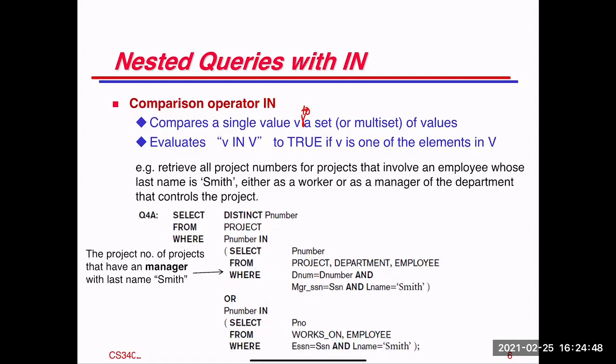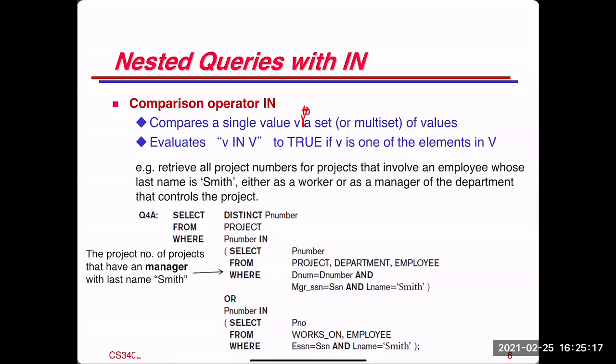Now this was the first nested query. Now we have another nested query down here. Let's see what this does. This shouldn't be too difficult, right? We're selecting again the project number, but now we are selecting it from the table that we get by joining works on and employee. We're joining these two along the employee social security number.